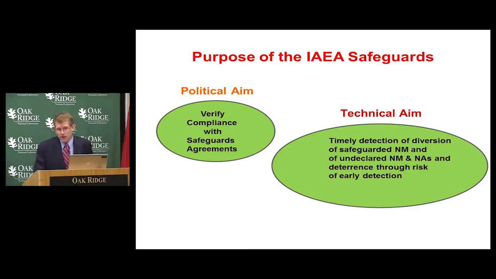Technically, when they apply safeguards to these facilities, it is, as we mentioned before, that they are having to make sure that the safeguard system can provide timely detection of the diversion of any declared nuclear material and has the ability to detect early any undeclared nuclear activities or the presence of nuclear material and to deter any diversion or undeclared activities by the risk of this early detection.